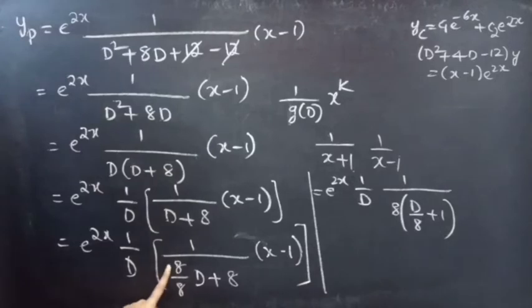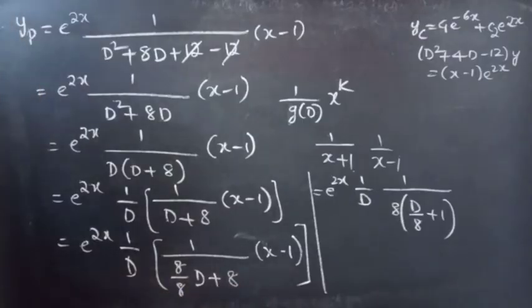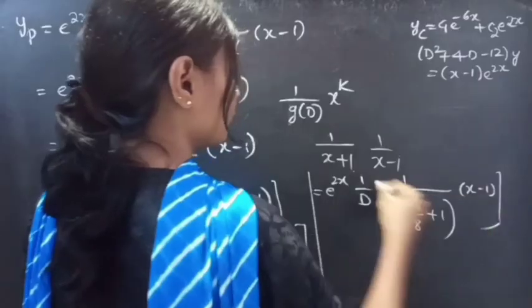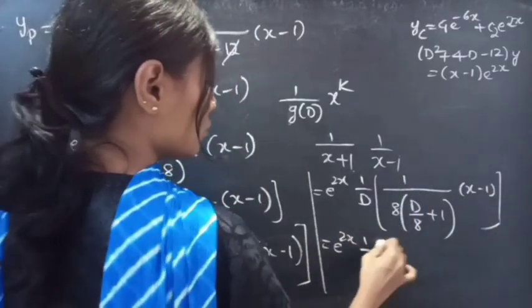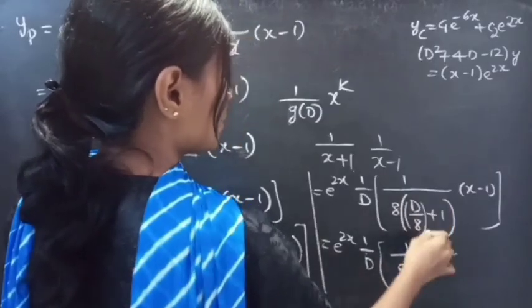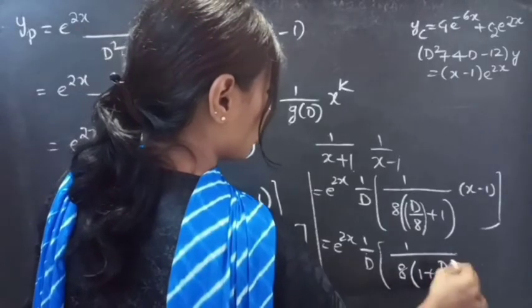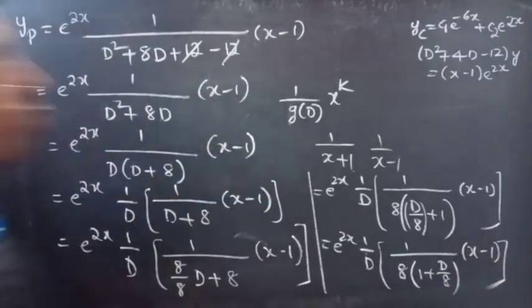See, if we take 8 common, we'll get 1 by 8 into D by 8 plus 1 into x minus 1, which is equal to e power 2x into 1 by D into 1 by 8 into, we can write D by 8 plus 1 as 1 plus D by 8, into x minus 1.